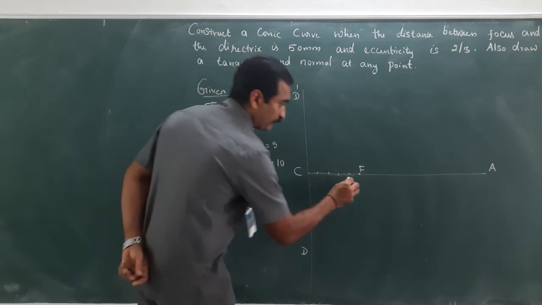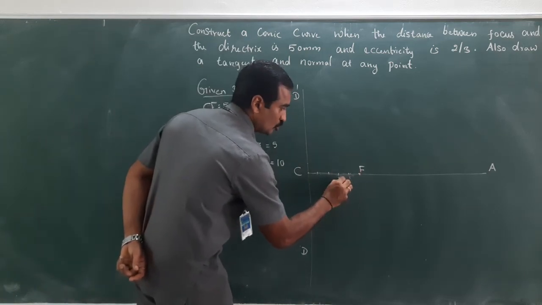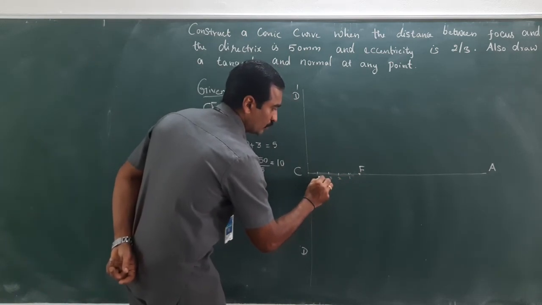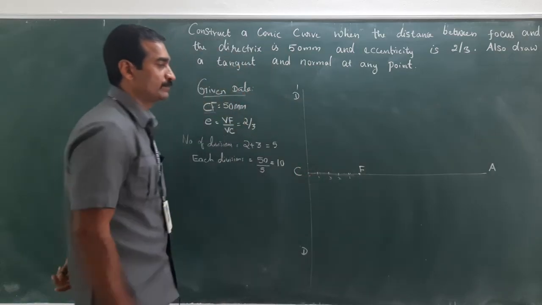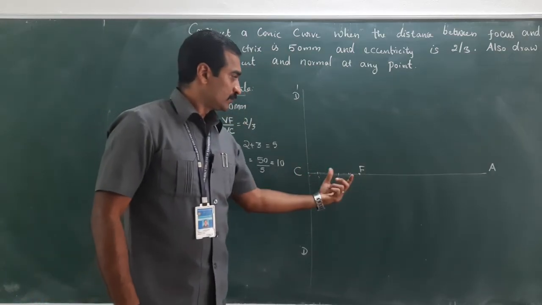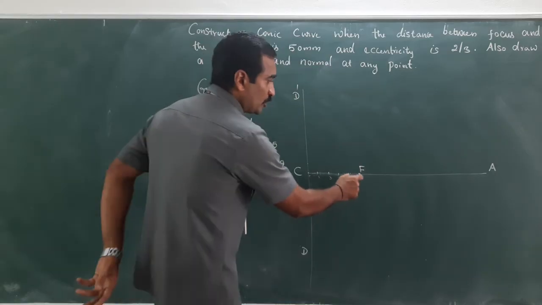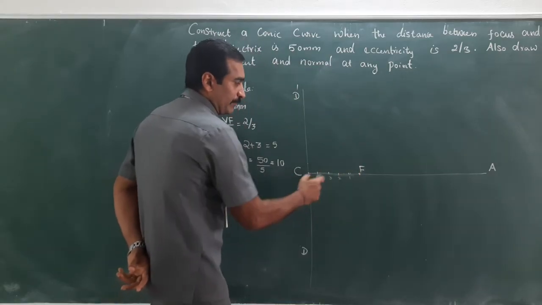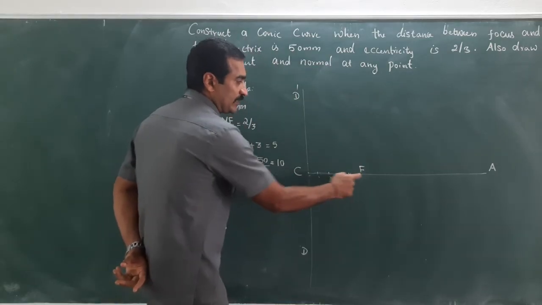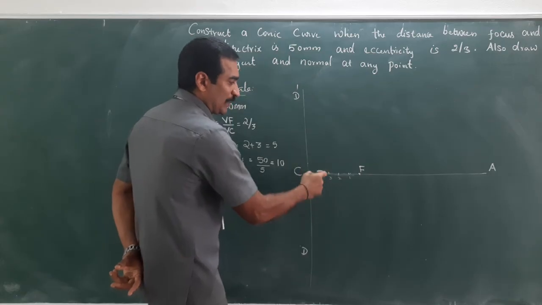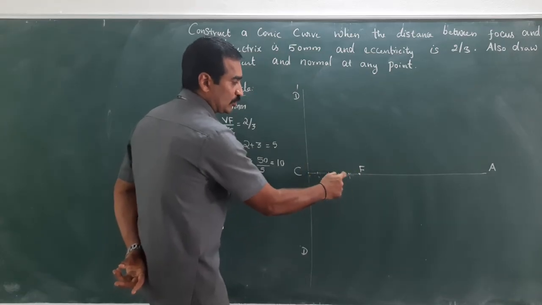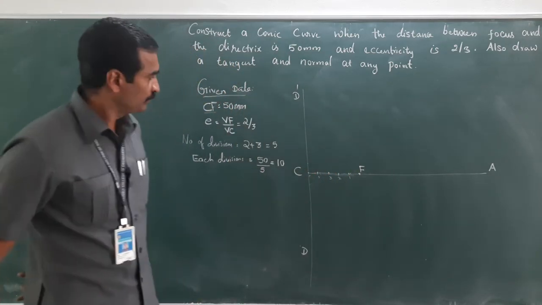Now name the points from the focus 1, 2, 3, 4 and 5. You should not get confused here; make sure the distance between C and F is split into 5 equal divisions, 1, 2, 3, 4, 5.